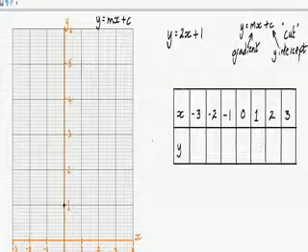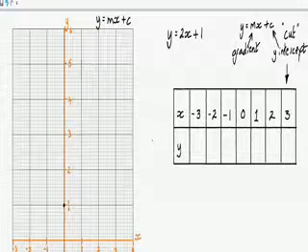What we're doing with this box is finding out the coordinates or the points on the line so that we can draw the line. Now my tip is this: always start here at your highest possible positive number. And there's a reason for this, and you'll see it when I do it.